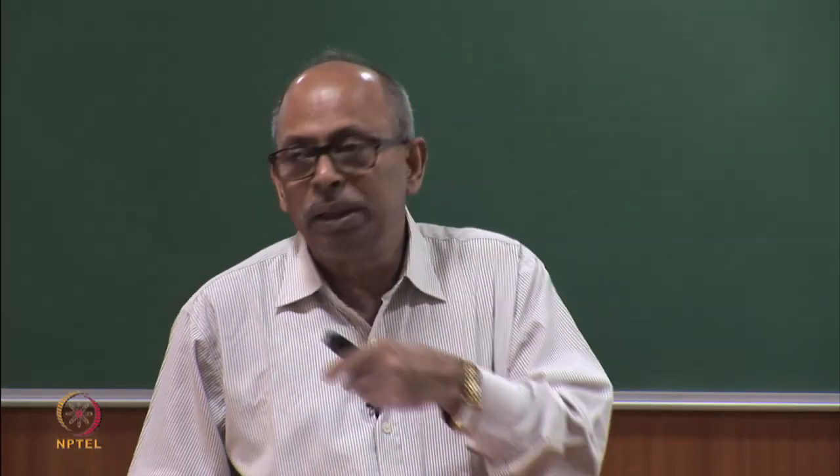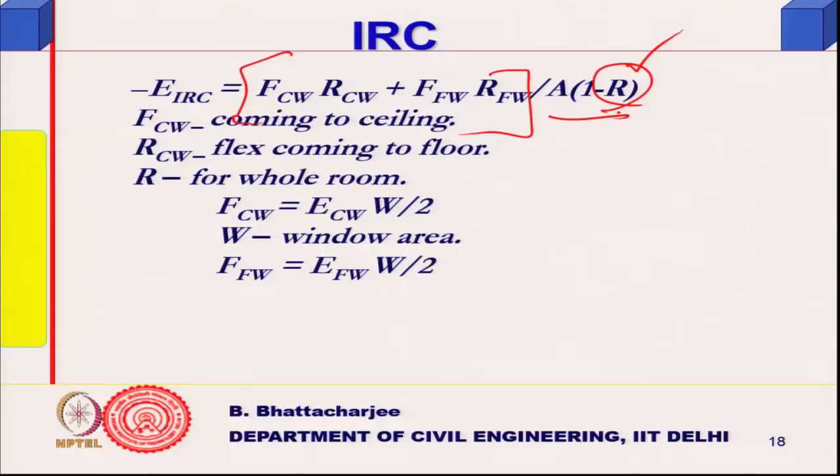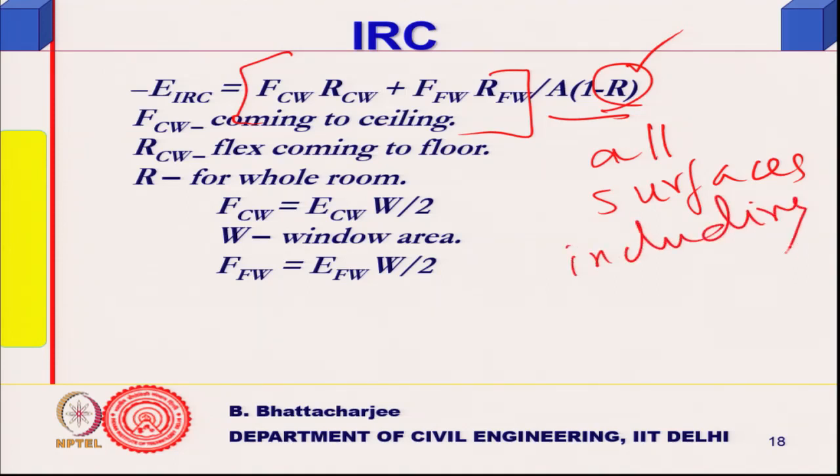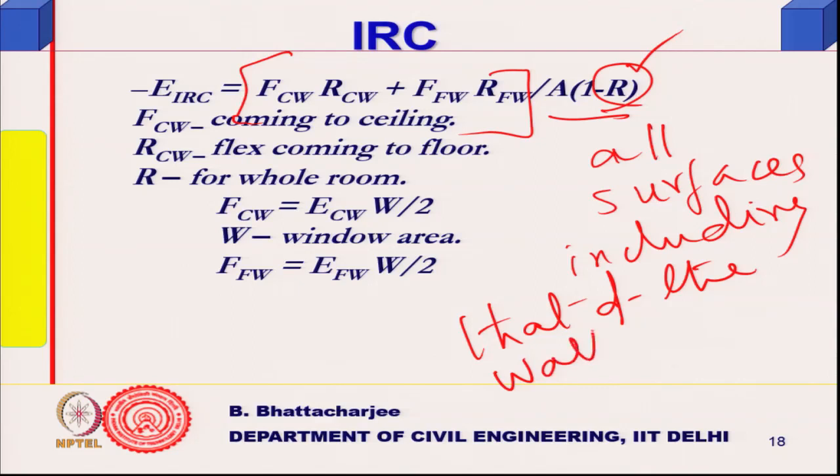If it is open, then you take it as 0, but take this R for all surfaces, including that of the wall having the window itself.